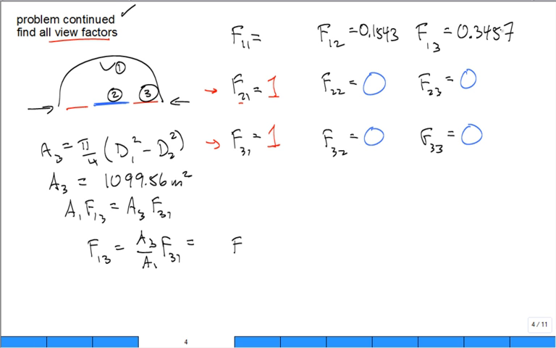One last view factor. How would you calculate view factor 1 to 1? They have to sum up to 1. Use the summation rule. And when you do that, you find it's 0.5000. That's good to 4 significant digits. What do you think the 5th significant digit would be? Another 0.